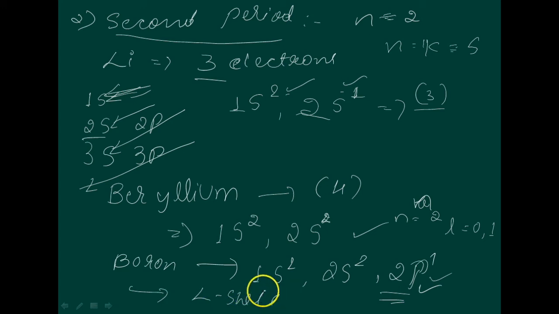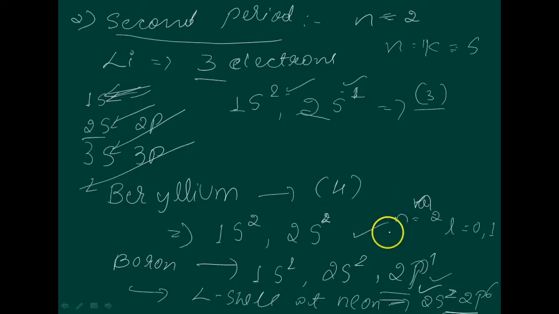It is completed at neon, when 2s squared and 2p6 are filled, it occupies a maximum of 2s squared and 2p6. How many electrons does neon have? Neon has 10.